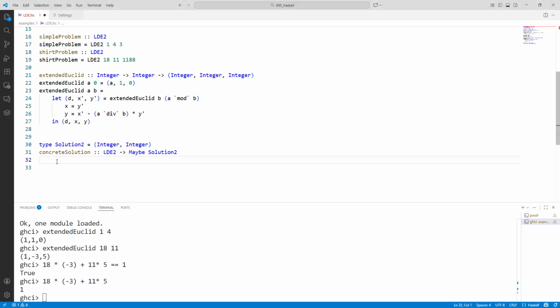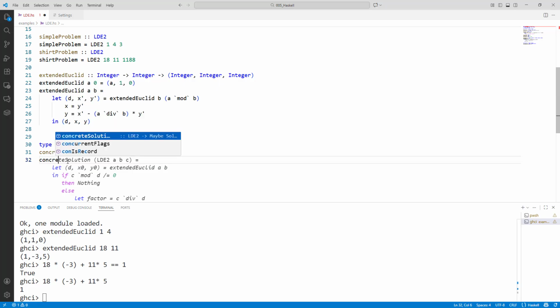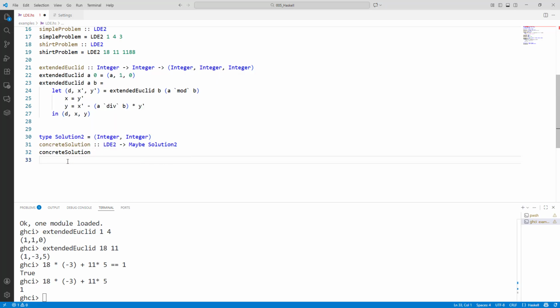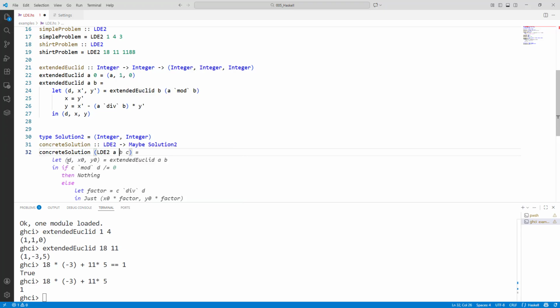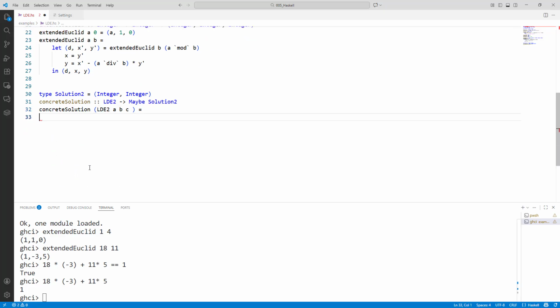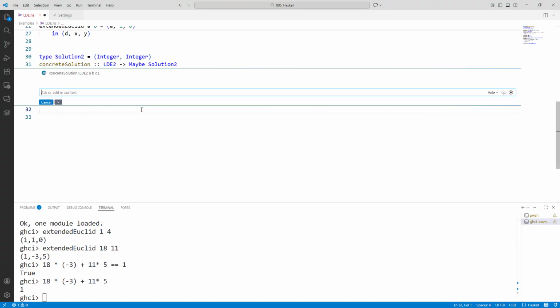We have the concrete solution function, and it should be something like this. Okay, LDE2, and then A, B, and C, and then equals, and I'm pretty sure that the hints here are really great. Let me see, how can I get them? Control E to continue with Copilot.